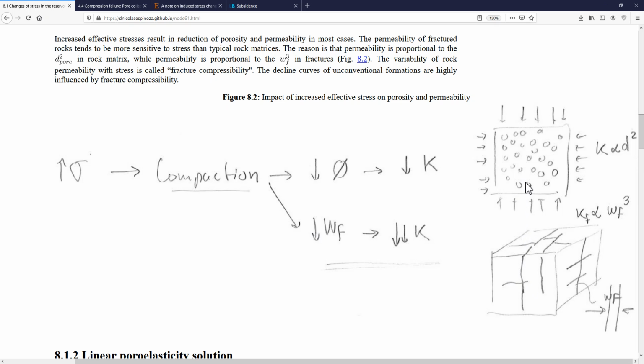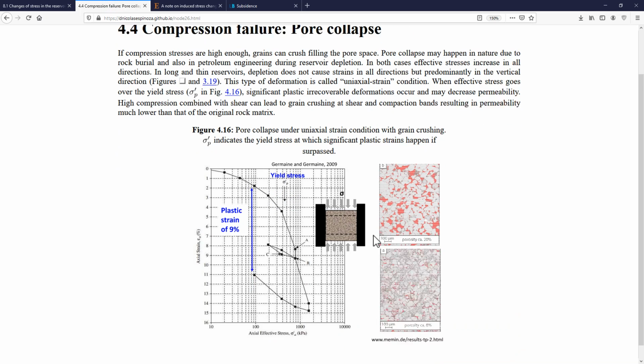For the case of the porous formations with mostly pores instead of fractures, there is also a limit in which we might start crushing the pore space and the grains because of increased effective stress. And here you have an example of that.